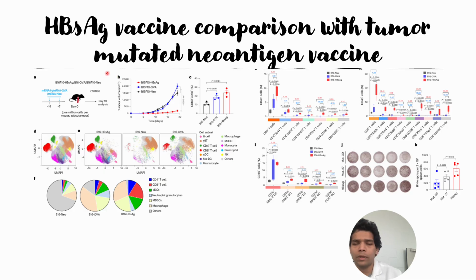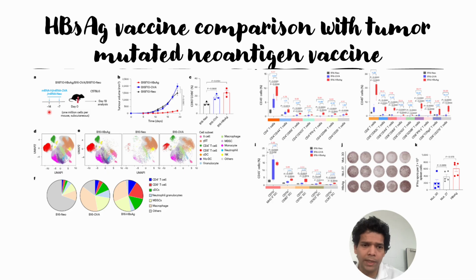Along with these two, they also used a control where they used OVA expressed cancer cells, which are easily recognized by the patient's immune system, and can be used as a control against these two systems.